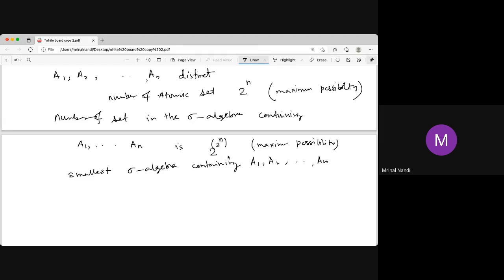But the number of atomic sets may be less. If the number of atomic sets is just m, which may or may not be equal to 2 to the power n, so m is less than or equal to 2 to the power n, then what is the number of elements in the smallest sigma algebra?